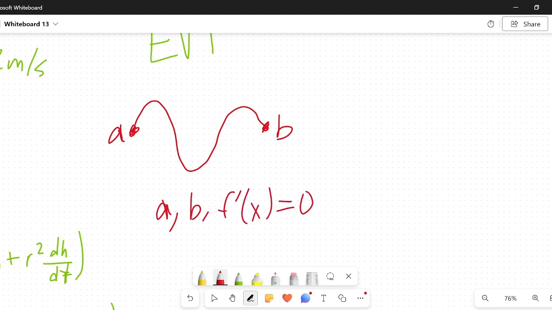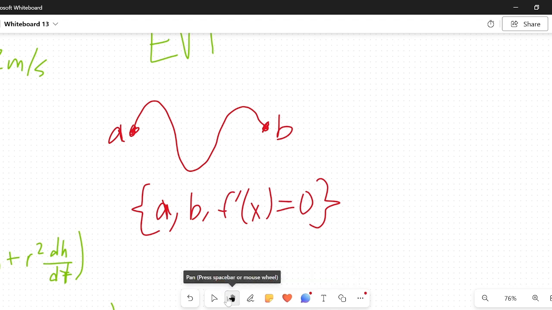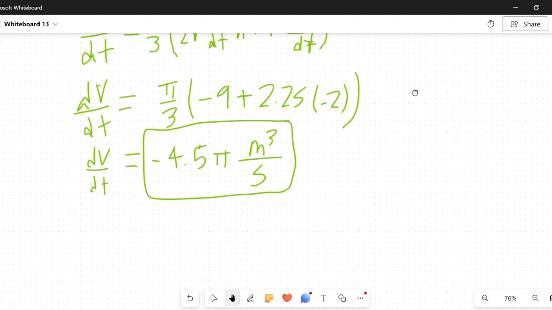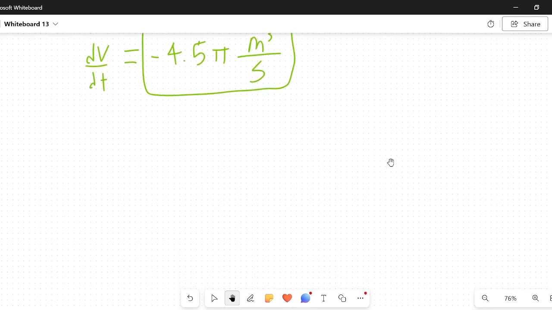This is the set of all possible extrema: a or b, or where the derivative of f is equal to 0, right? So the EVT only tells us of existence, but this is enough to show us essentially what we are going to be looking for. So these are what we call the critical numbers, right?